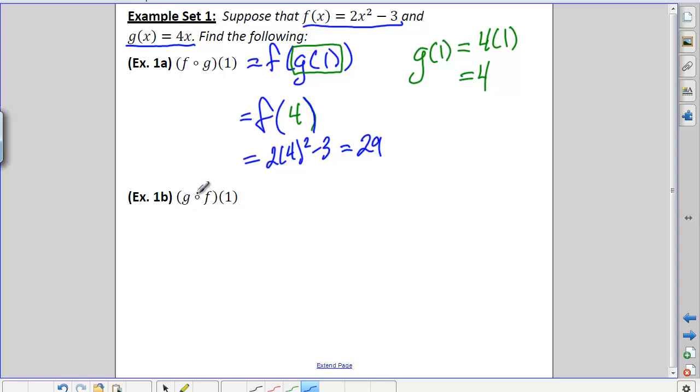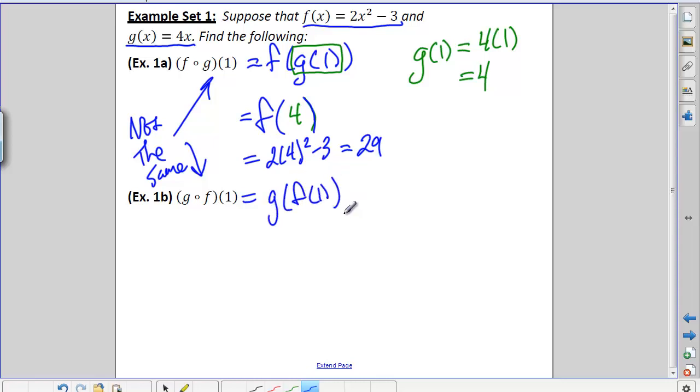Part B here, we're switching it around. Now we're doing g of f of 1. Now these are not the same. Okay, not the same. When you switch the order around, that's not necessarily going to be the same answer. Okay, let's see what we get. This is now g of f of 1, so it's switched around. The first thing we need to figure out is, what's this f of 1?